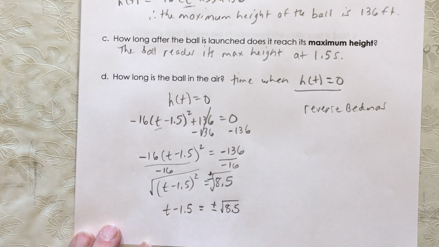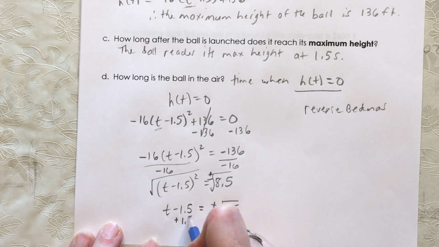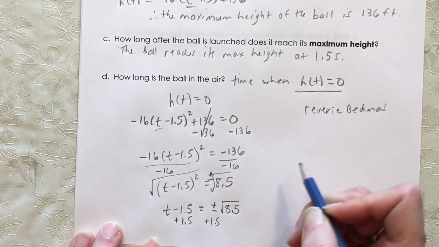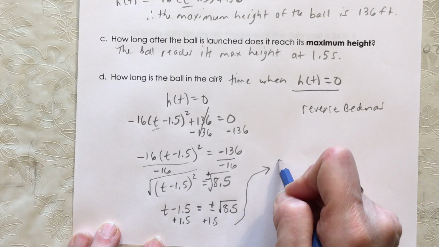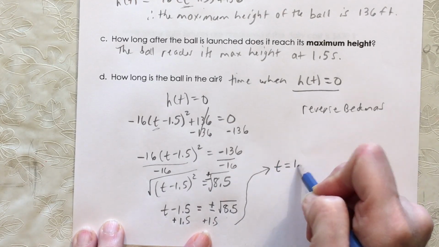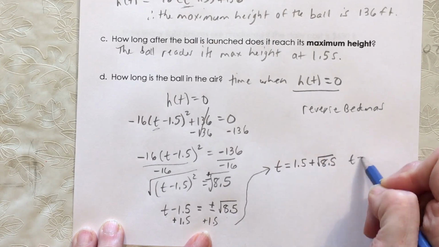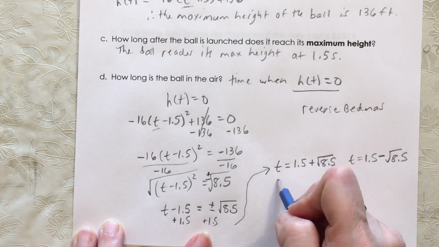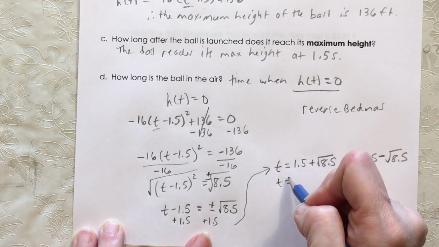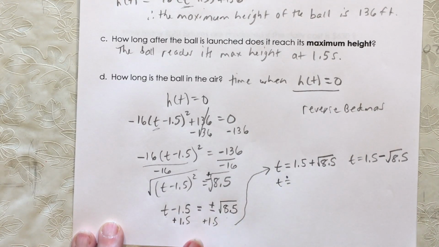Okay, so still trying to get t by itself using reverse BEDMAS. So I have to finally add 1.5 to both sides. If we go over here, because I'm running out of room, we get two possible solutions. Either t is 1.5 plus the square root of 8.5, or t is 1.5 minus the square root of 8.5. And use our calculator here.